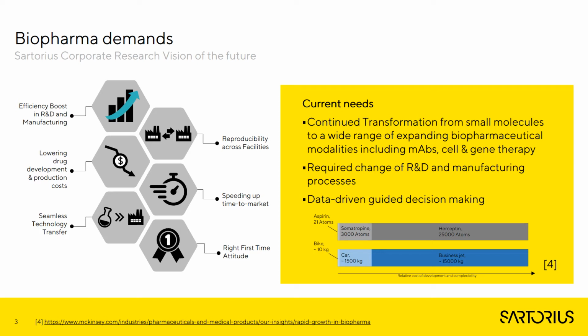To put this into everyday perspective, it is like comparing the complexity of a small bike to a car and a business jet. It can be said that the increased complexity goes along with higher development and also manufacturing costs. This requires a change of R&D and manufacturing processes to be supported by data-driven, guided decision-making.